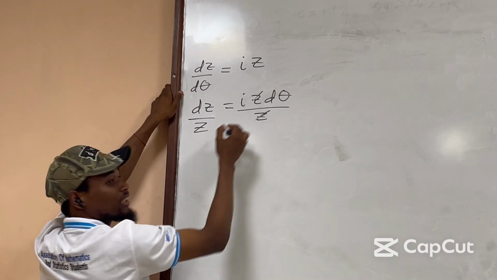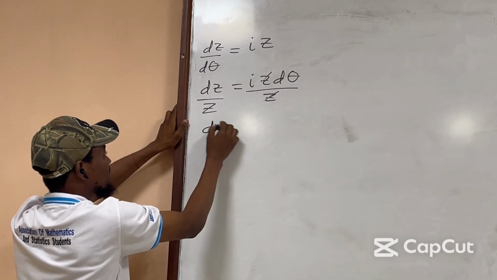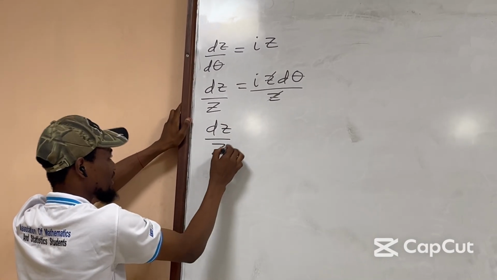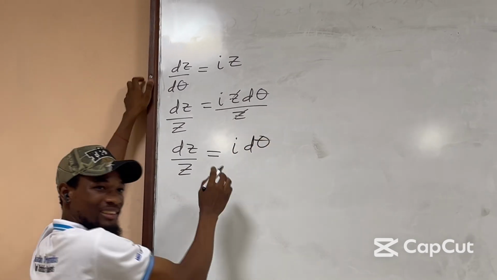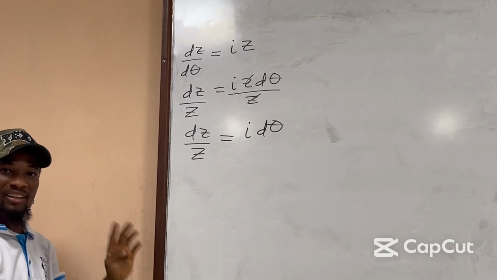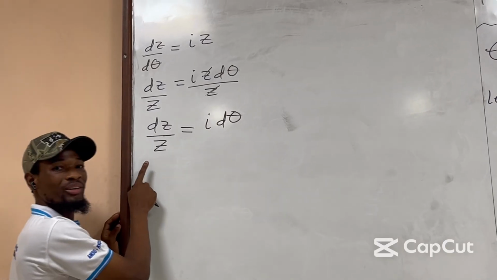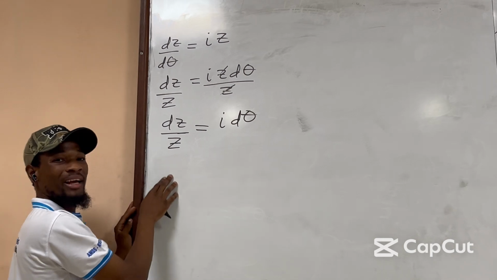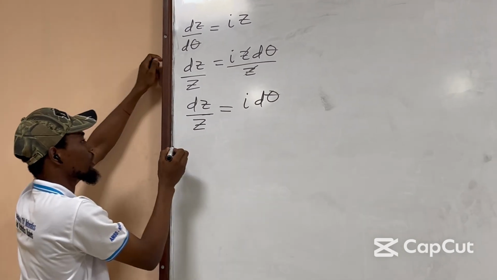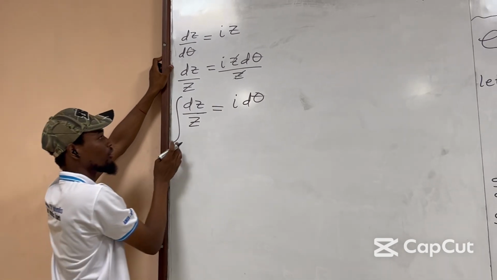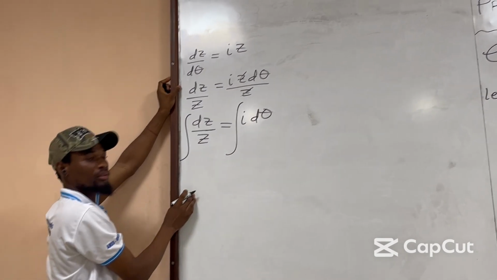So z cancels z, I have dz over z is equal to i times dθ. Having done this, we will now take the integral of both sides.